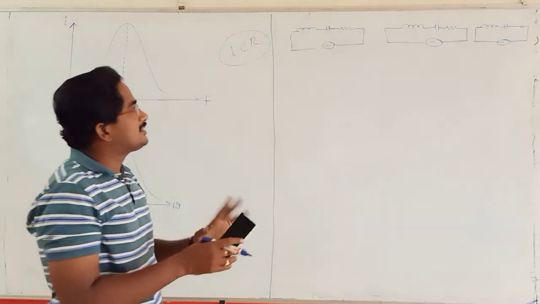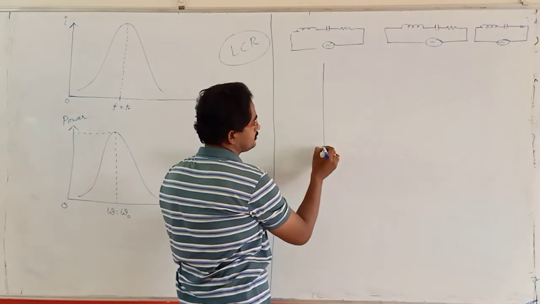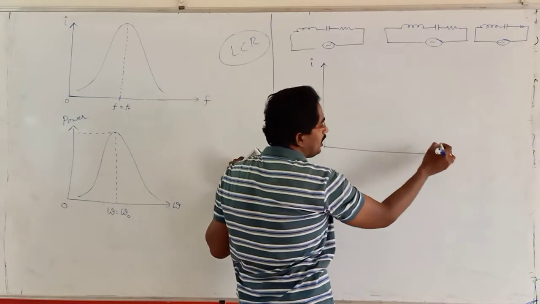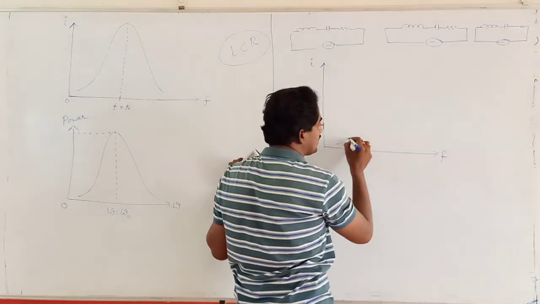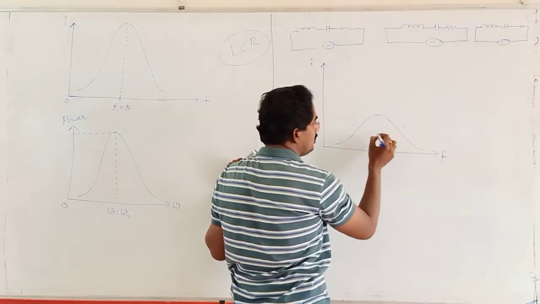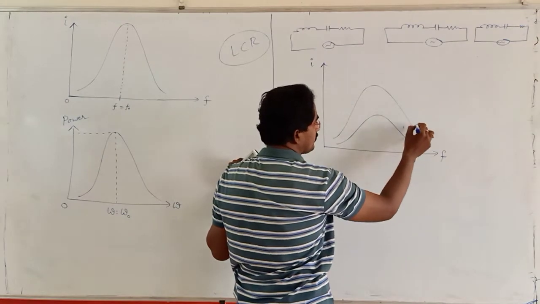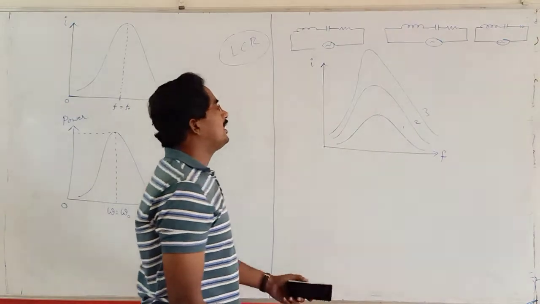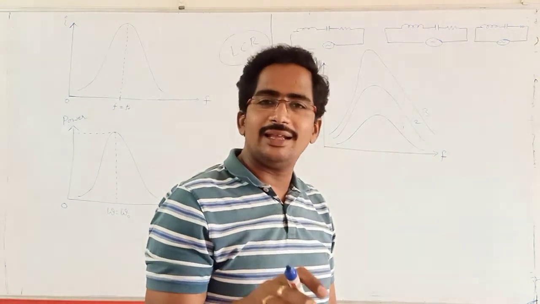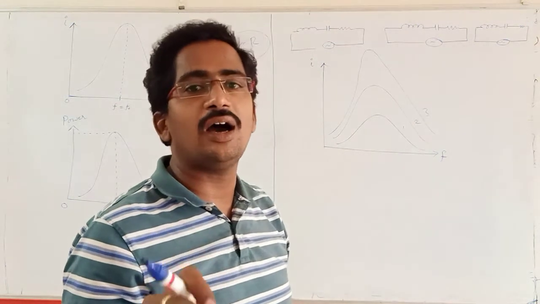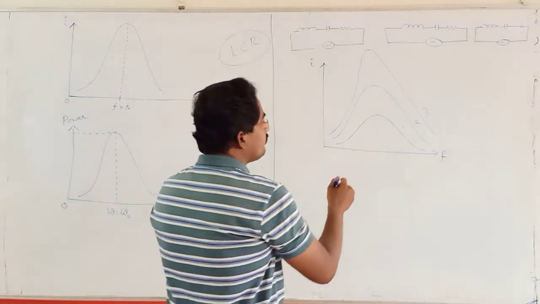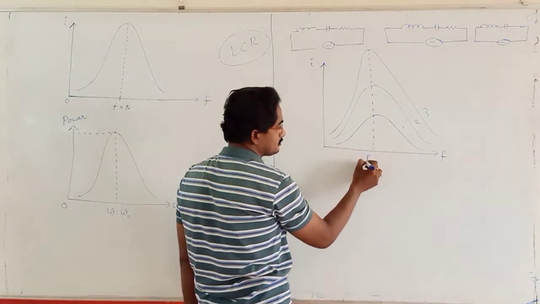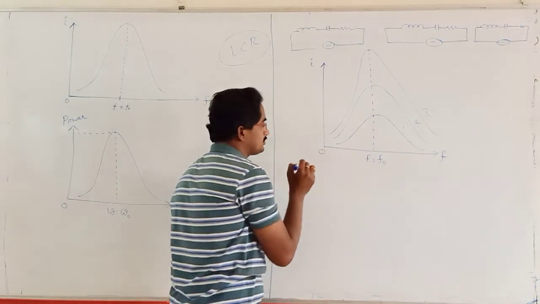For example, for the 3 circuits, the graph I plotted between current and EMF is like this. One is for the first one, one is for the second one, and one is for the third one. Then which one is the preferable one here? Obviously the third one, because at the same frequency of AC, the current value will be maximum at the resonant frequency.